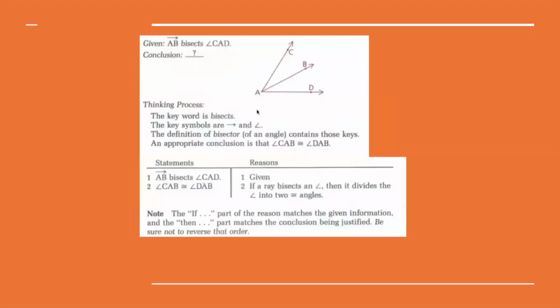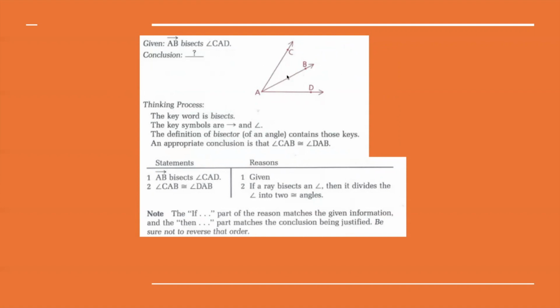We are given that ray AB bisects angle CAD. The keyword in this is bisects. The symbols are ray and angle. And we know that the definition of a bisector of an angle contains those keys, which are ray and angle. An appropriate conclusion is that angle CAB is congruent to angle DAB. Our statements are: ray AB bisects angle CAD, that is our given.